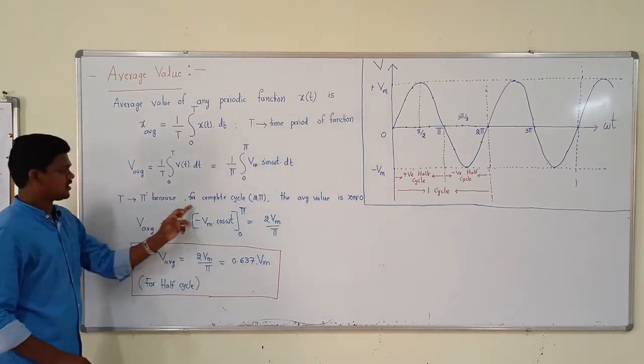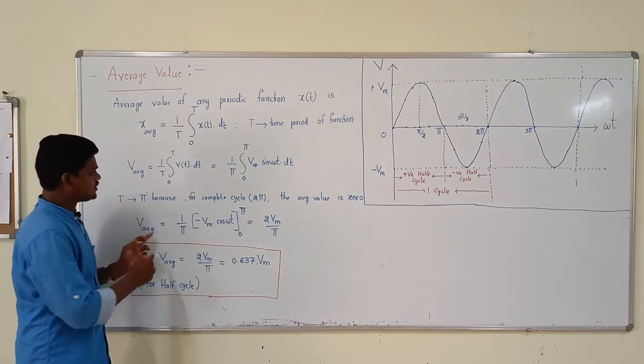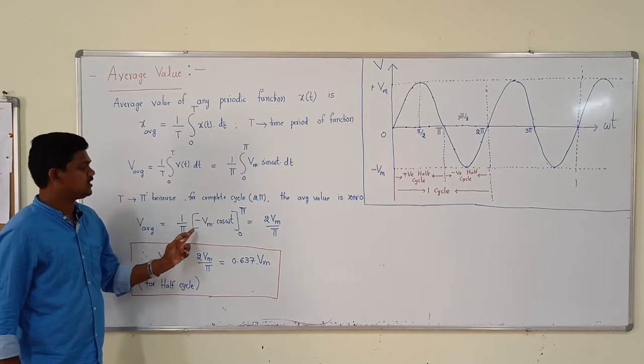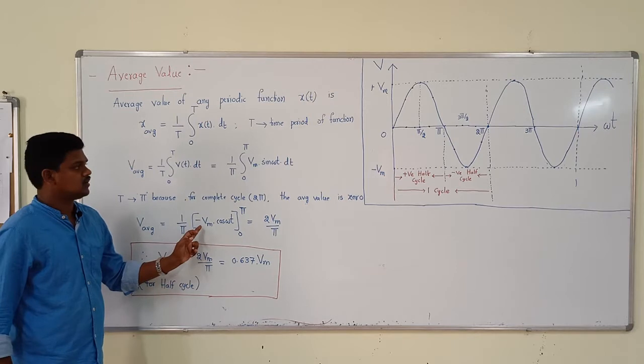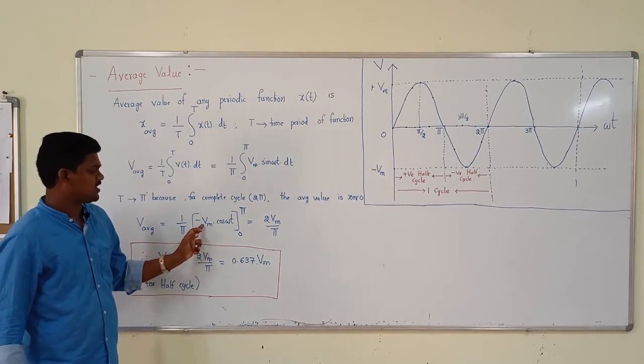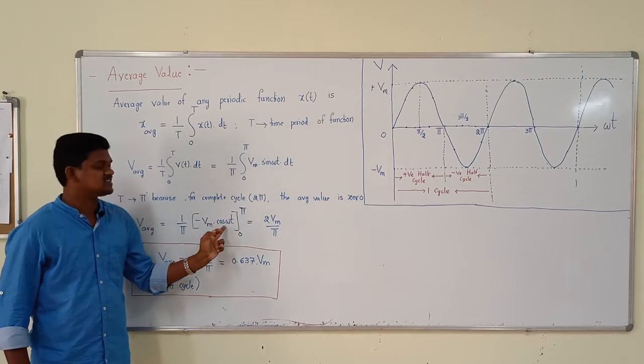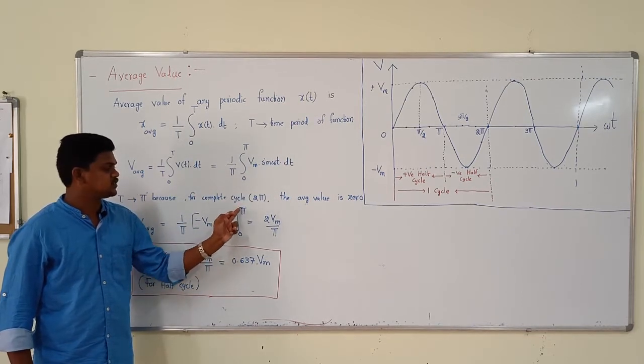If you calculate this by applying the integration, we will get 1 by pi times minus Vm. Why minus Vm? Vm is constant. By integrating sin omega t, we get minus cos omega t, with limits 0 to pi.